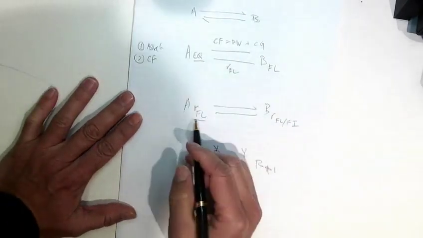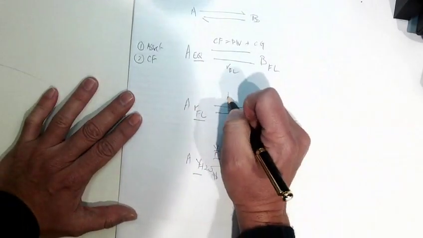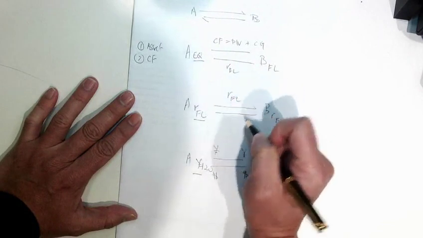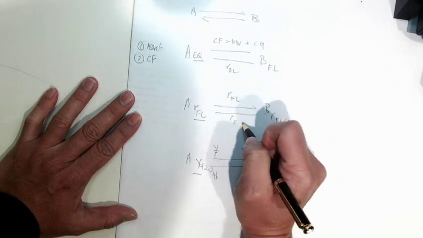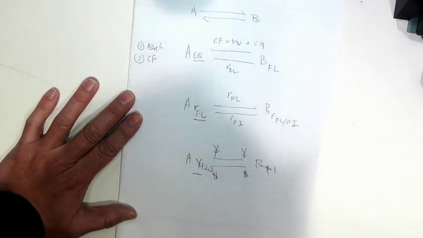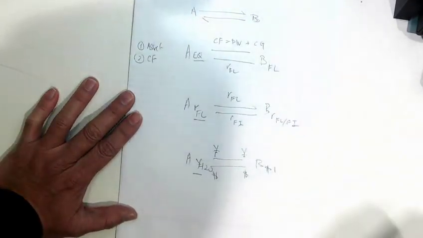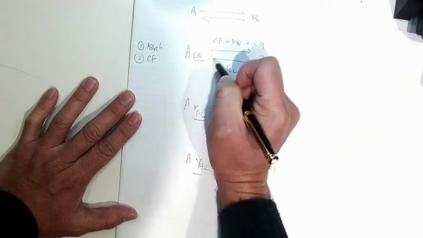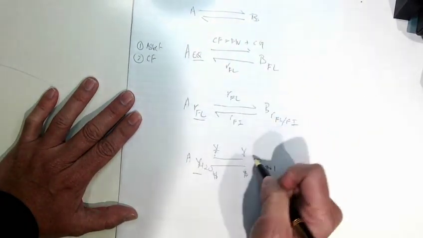And the cash flows for an interest rate swap would simply be floating and fixed interest rates.